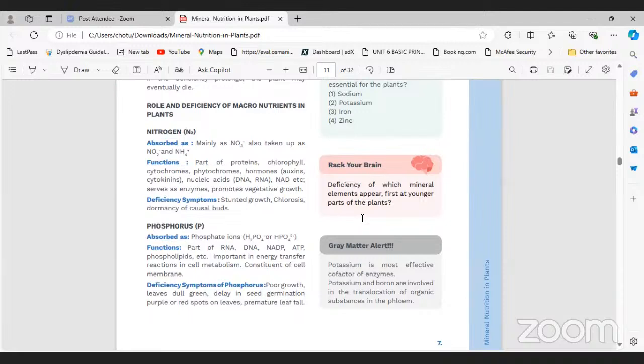First is nitrogen. The sources of nitrogen are soil and atmosphere. Nitrogen is absorbed from the soil in the form of nitrates, nitrites, and ammonium salts.